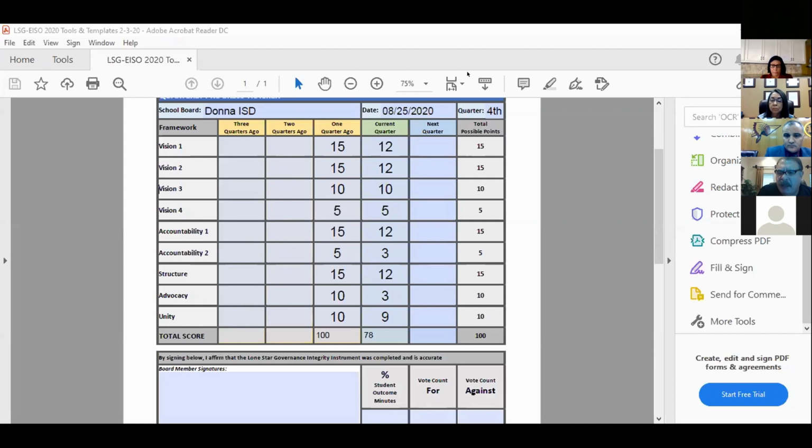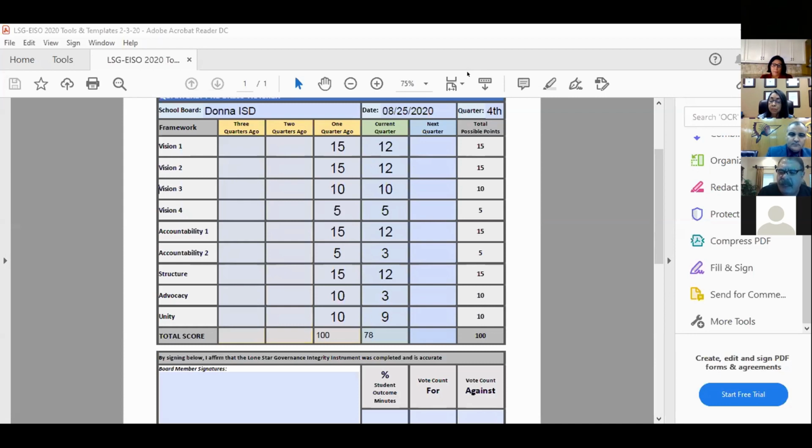While some of us will be leaving, the heart of Lone Star Governance must be maintained, and the integrity of this program must be consistent and carried on.